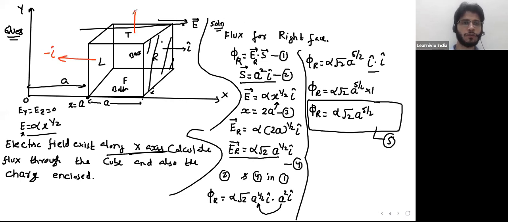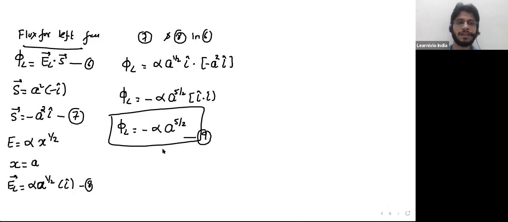This is the direction of the top face, J cap. Okay, Mariam, what is the angle between the area vector of the top face and the electric field? Because the electric field is always along x-axis. It is perpendicular. For the top face, the area vector is upwards, so the angle between them is 90 degrees.